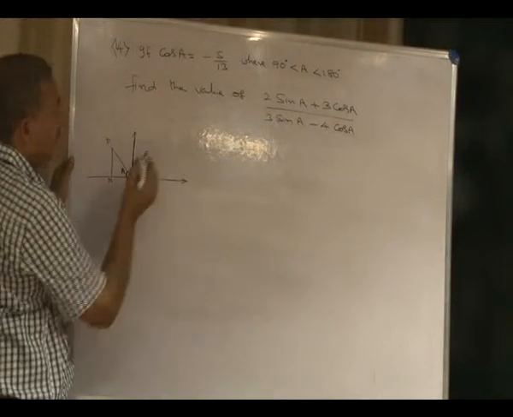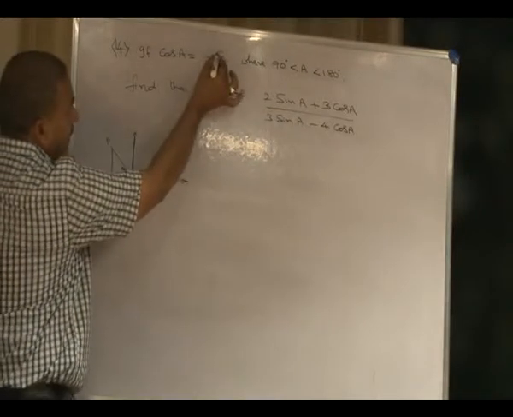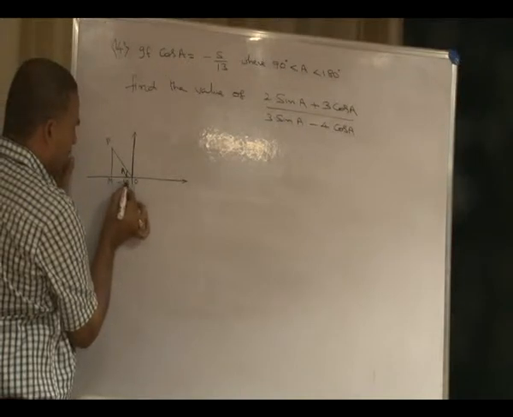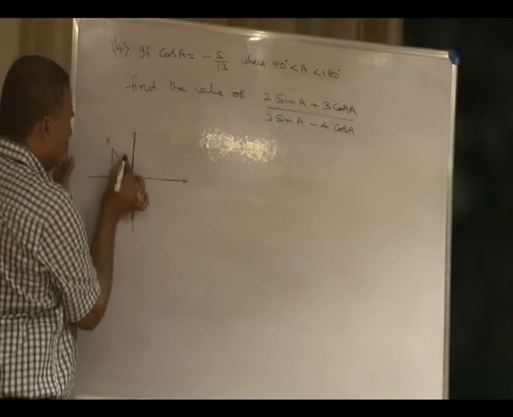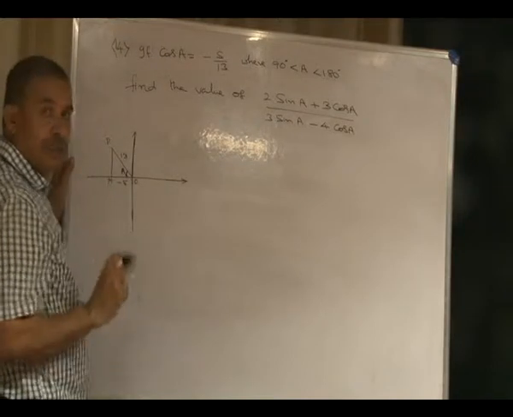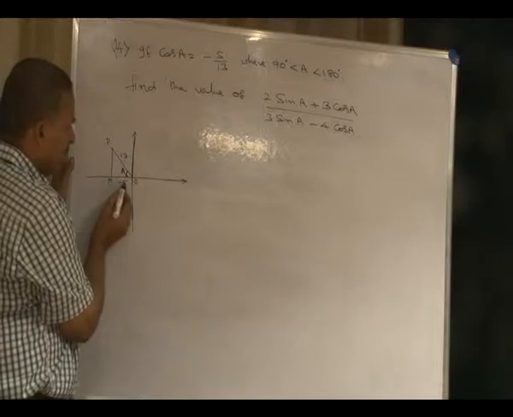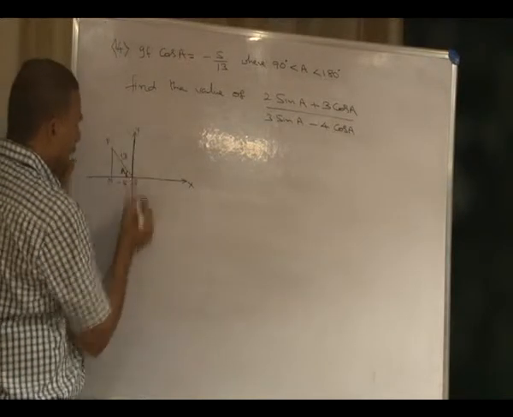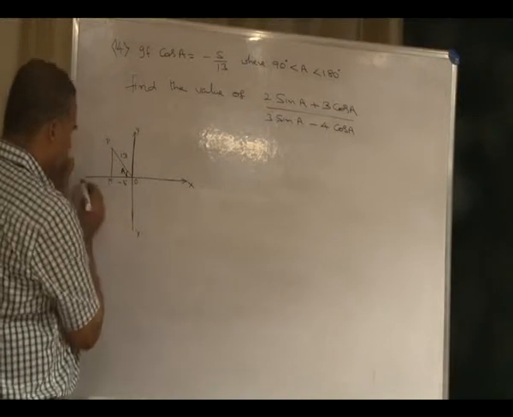Cos A is adjacent side by hypotenuse. For angle A, the adjacent side is minus 5 and the hypotenuse is 13. We need to find the opposite side of angle A. In the second quadrant, the x value is negative and the y value is positive.